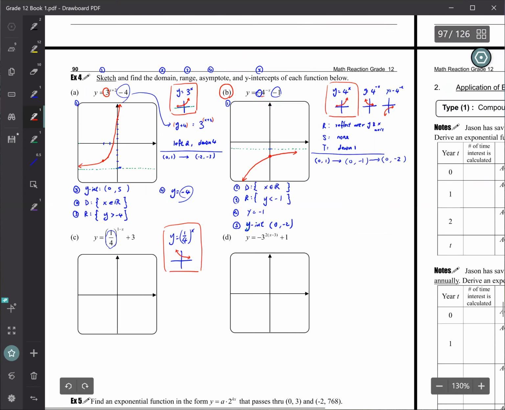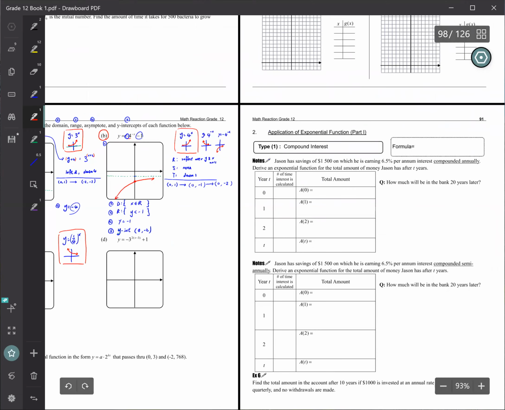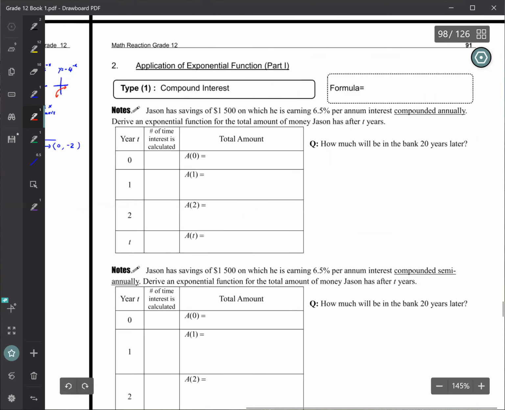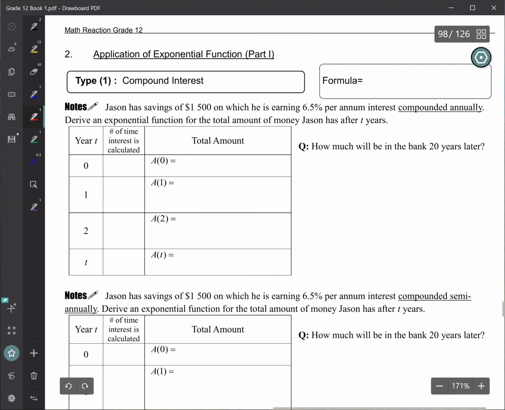Let's look at the word problem. I want to go over at least one type. This type is called compound interest. Different from simple interest. Interest is the money the bank will give you when you deposit your money into their bank.